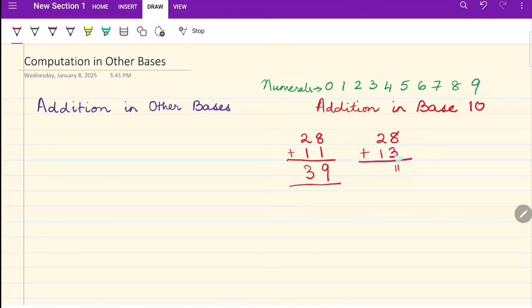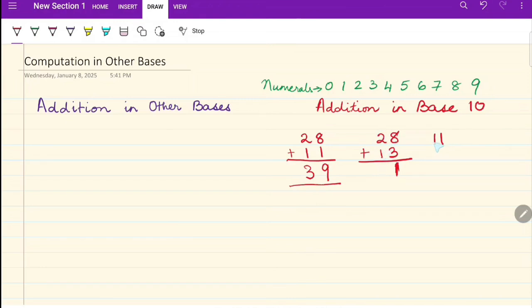What we do is we write a 1 from the 11, the rightmost digit. So here we have 11, correct? We write the rightmost digit from the 11 in the units position, which is the rightmost column here. And we carry over a 1 to the tens position. This is the tens position. The place value is 10 to the power 1.